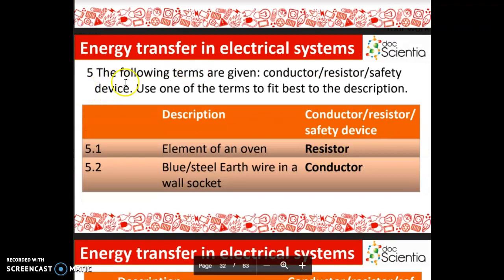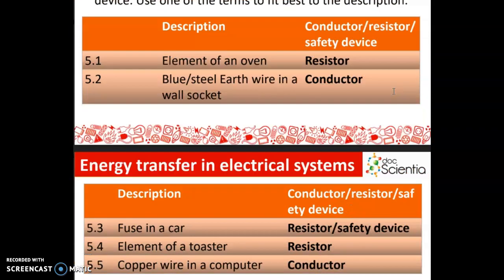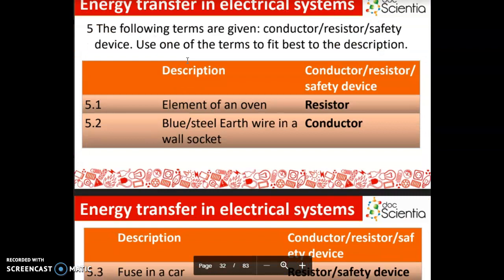Number 5. The following terms are given: a conductor, resistor, a safety device. Use one of the terms to fit best to the description given. So the description is this. So use the above, conductor, resistor, or safety device. Give the description for an element of an oven.